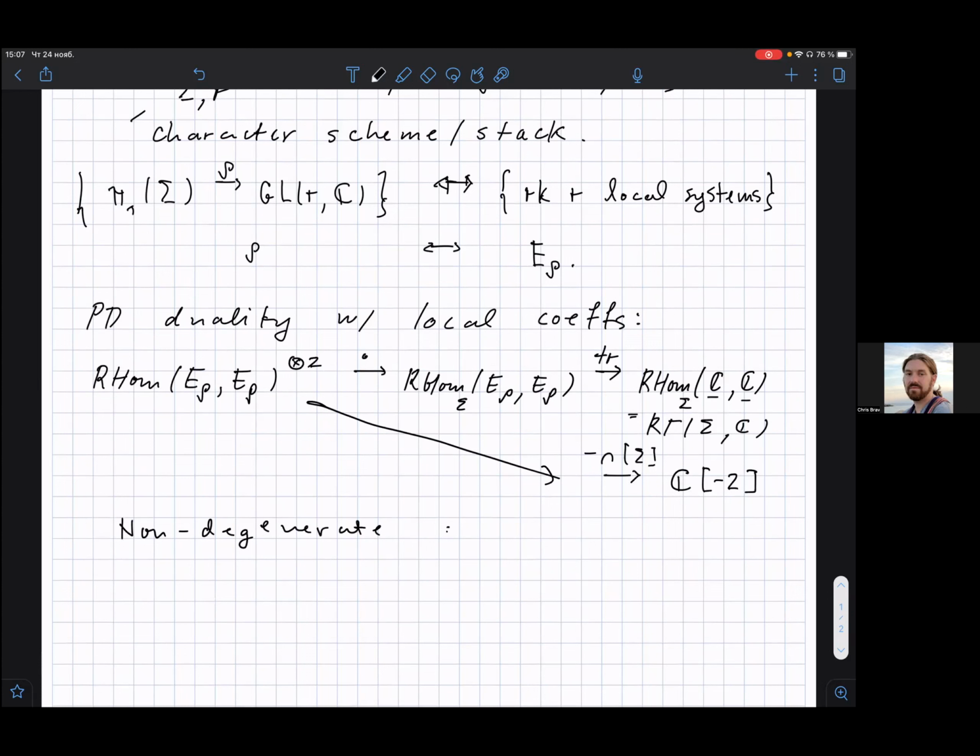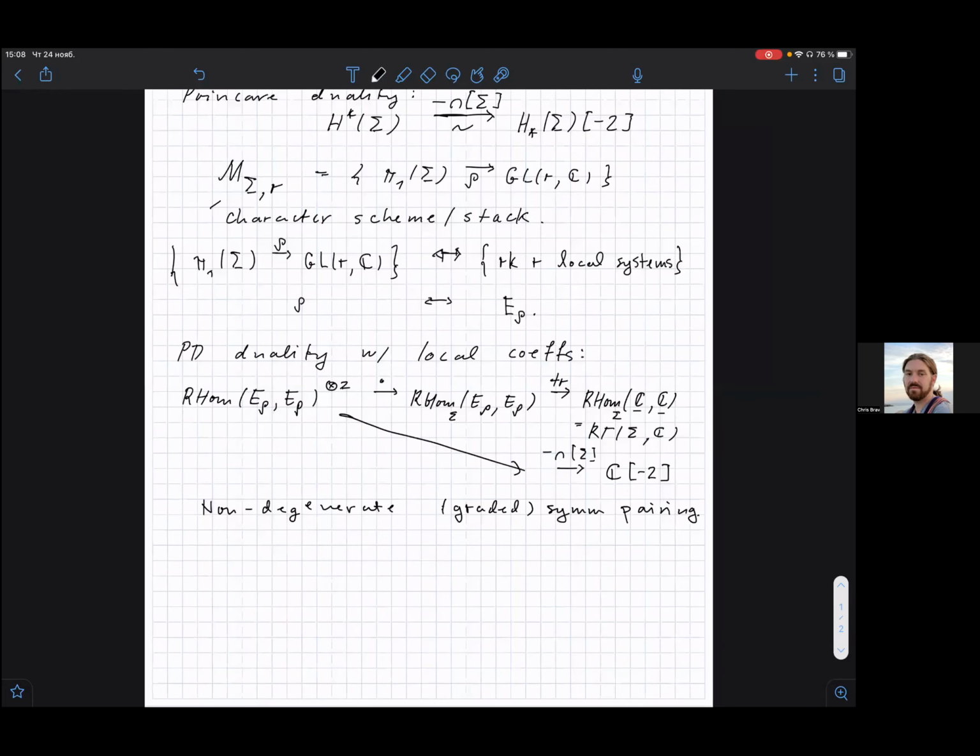This is non-degenerate, kind of graded symmetric in the Koszul sense, pairing. And so the Ext groups are dual to each other. Ext1 is self-dual and Ext0 is dual to Ext2.